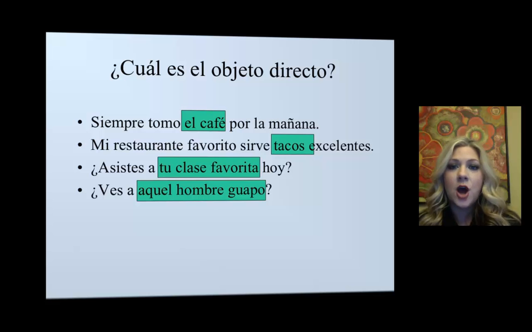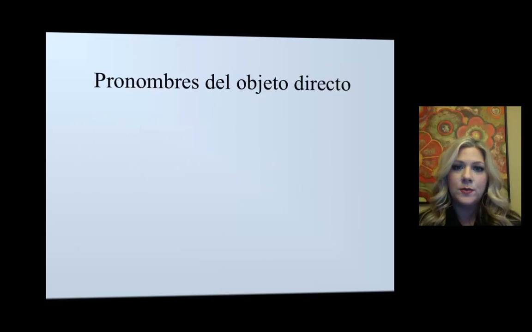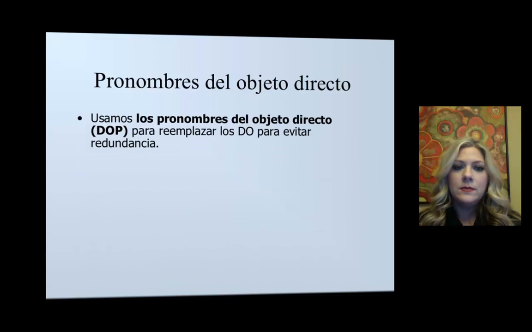But these are direct object pronouns, and so they're a little different. But basically, they're a small word that takes the place of a noun. Usamos los pronombres del objeto directo para evitar redundancia y repetición. So we use direct object pronouns to replace the direct object in order to avoid redundancy and repetition.